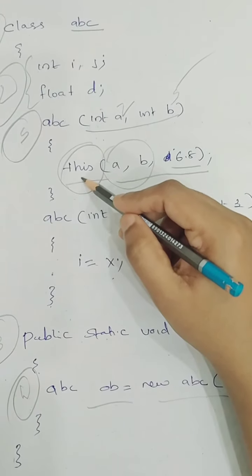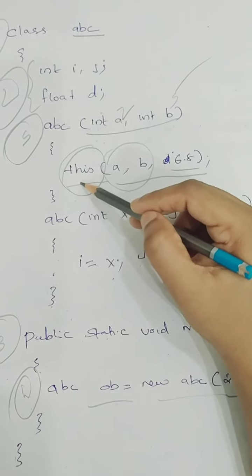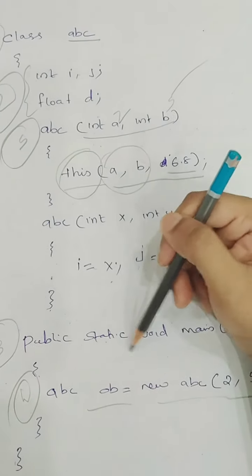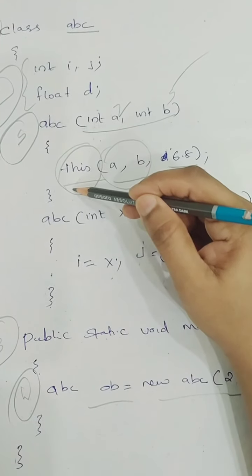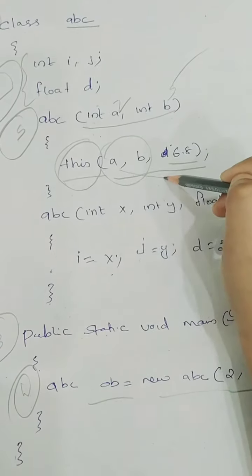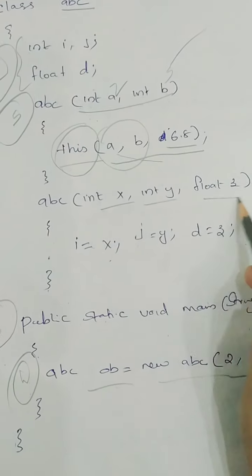This will store the address of the currently calling object, that is, it will store the address of ob, and again this is an object call, object creation with the 3 parameters, that is x, y and a float.